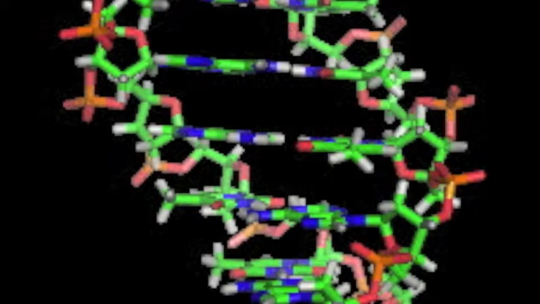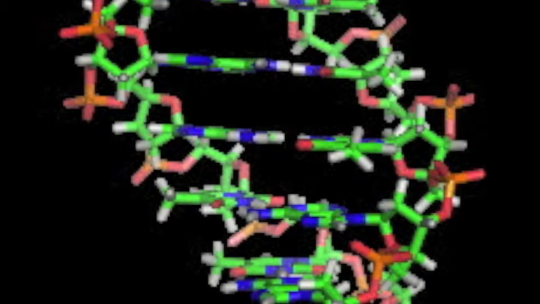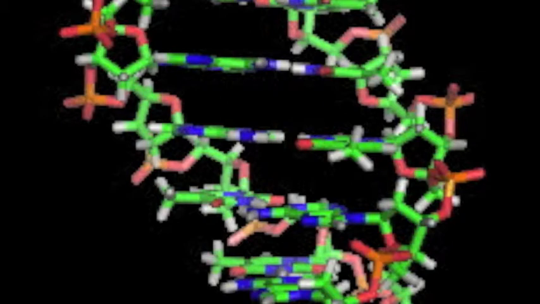So, I would say more generally, it decodes the message and it makes the peptide bond. So it's the factory that makes the protein. That's what a ribosome is. It's the factory that makes the protein. 2 components. You have to decode the blueprint, the message, and you have to synthesize and put together the amino acids to make the protein.